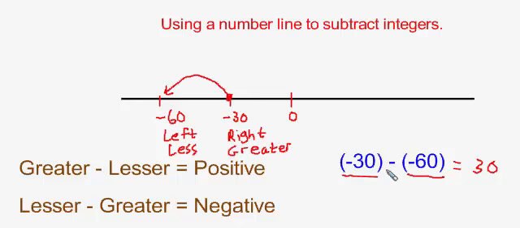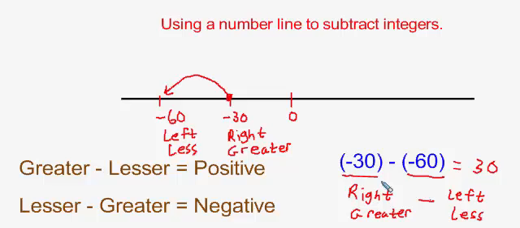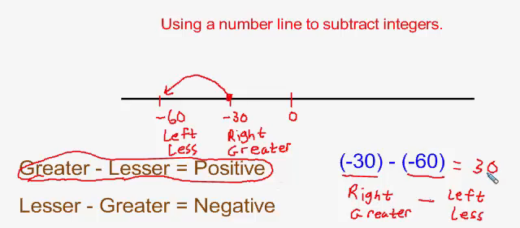But if you look at the order in which it was being subtracted, I had negative 30 first, which is of greater value, the one on the right. Subtract the number negative 60, which was on the left. And the fact that it's on the left means it is less than the other number. So we did right minus left, or if you will, greater number minus a number that is less in value. So whenever you take a number that is greater and subtract off a number that is lesser in value, you get a positive result. So my answer would simply be positive 30.